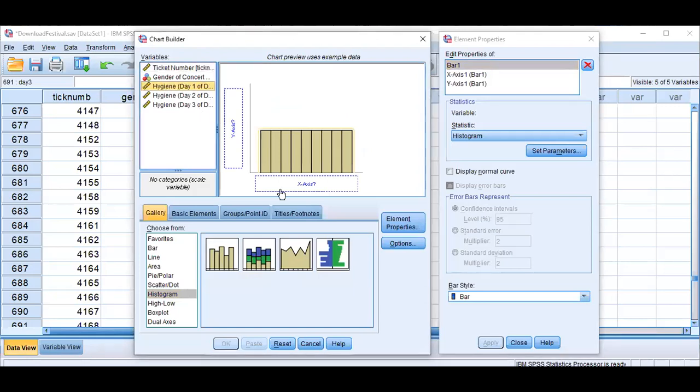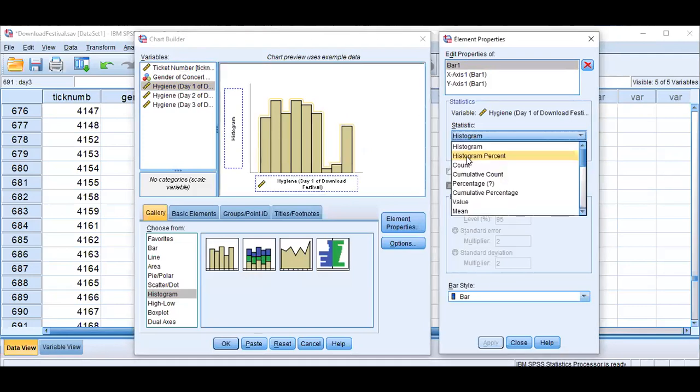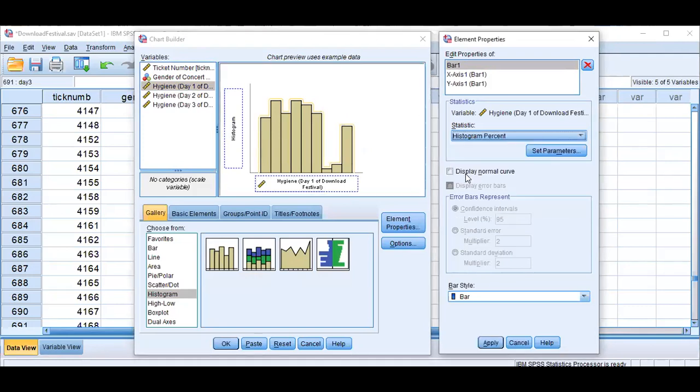I will drag and drop it into the x-axis, and then in element properties, histogram statistics, I will select percentage on the y-axis, and then for display normal curve I will tick here. If I don't tick it, then the normal curve will not superimpose on the histogram. If I tick here, the normal curve will come. So this is the way of creating the graph. Now this is my graph.